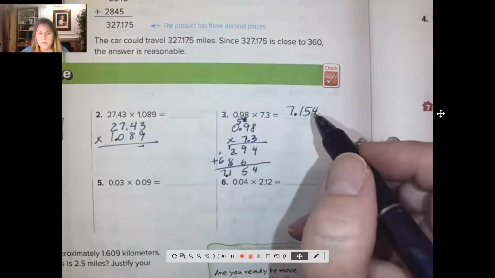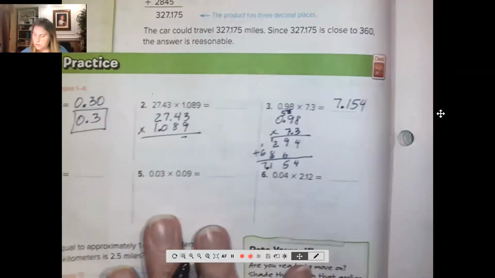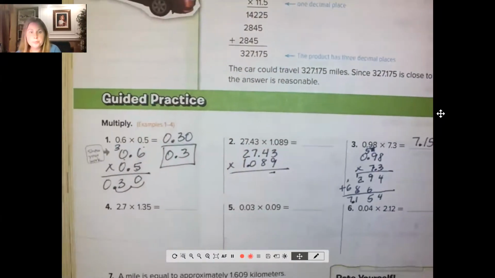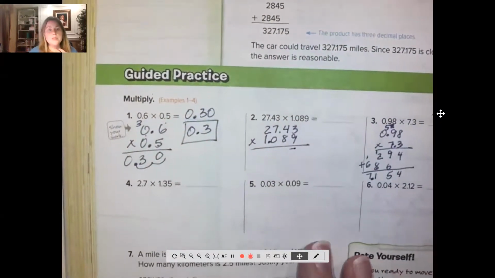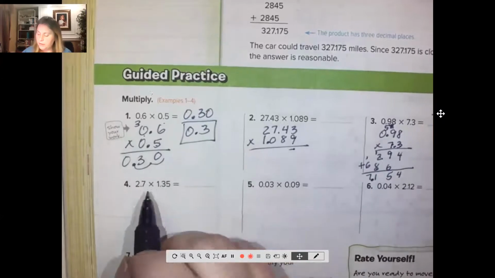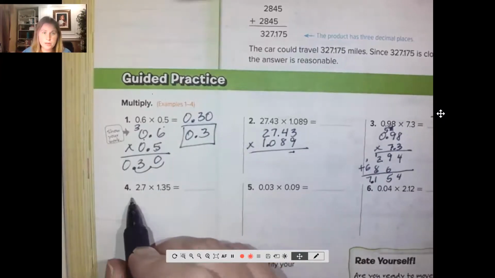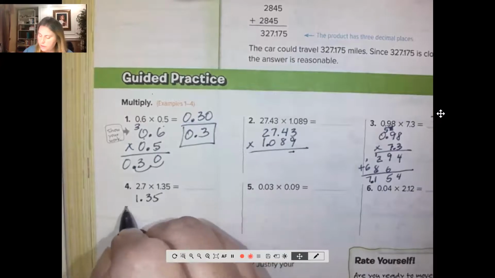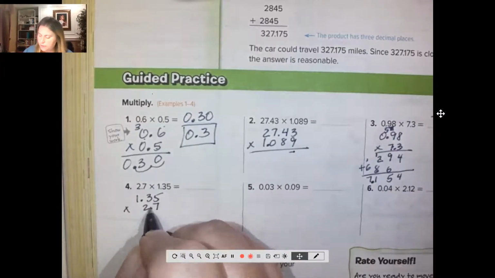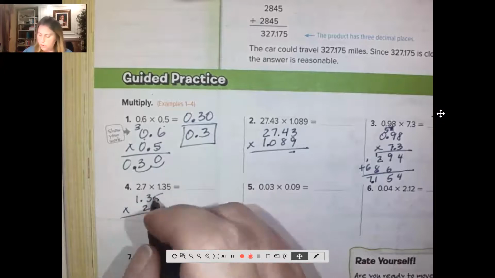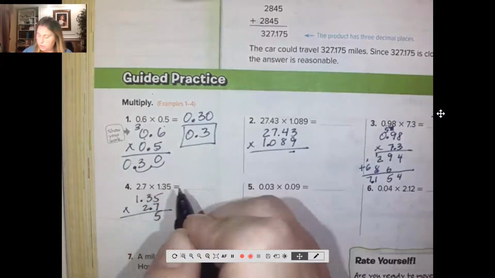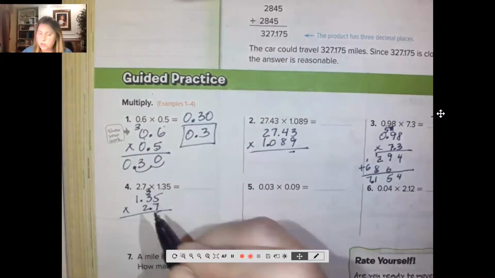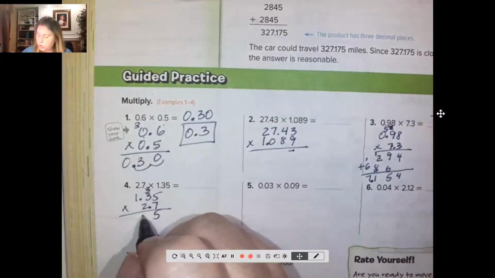Okay, and number 4. 2.7 times 1.35. This has 3 digits, so I'm just going to put that in the top row. 1.35 times 2.7. 7 times 5 is 35. Write the 5, carry the 3. 7 times 3 is 21, plus the 3 we carried is 24.